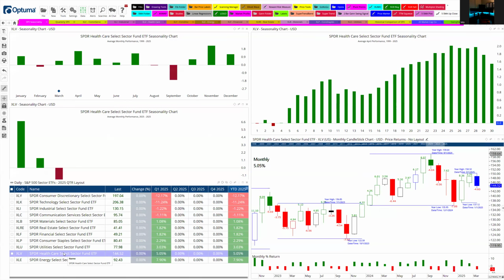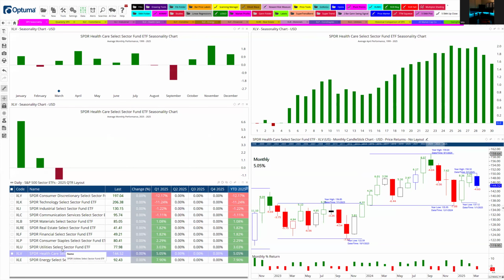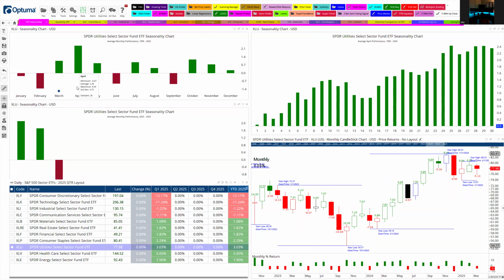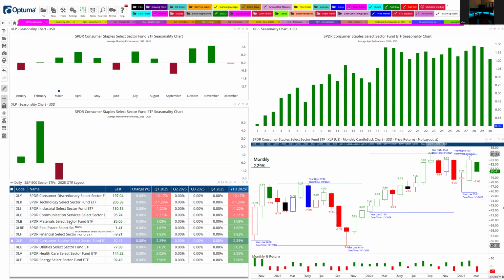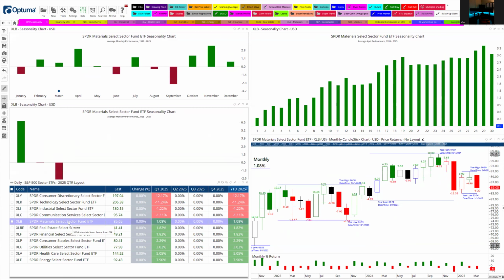They're all down, except energy. Energy, three months, April is pretty good for April. If you look at April, the top ones are up there, except for real estate.